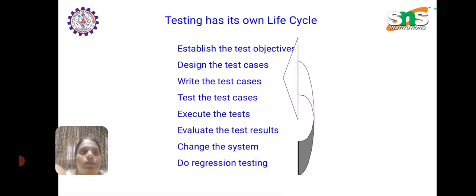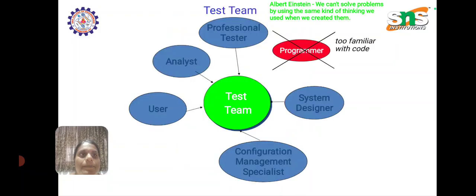Once all the corrections are made on the developer side, again we perform regression testing. In regression testing, the changes made in the previous version will be retested. So this is the testing team: tester, analyst, user, configuration management, system designer.